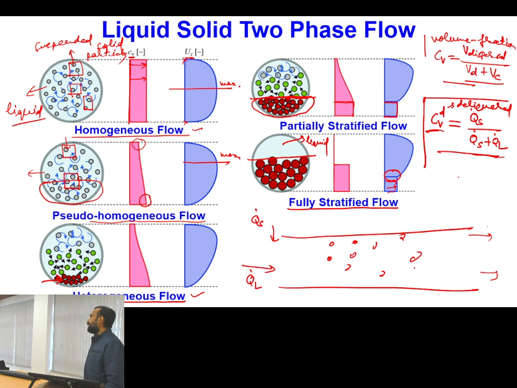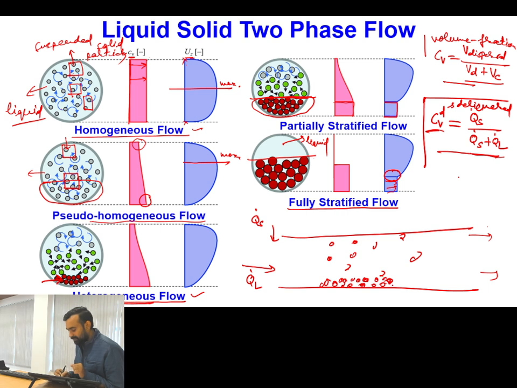On the contrary, if I consider the heterogeneous flow situation, what will happen here? I have supplied some flow rates, but when the flow has entered the pipe, some particles have settled and layered at the bottom portion. Is this point clear?